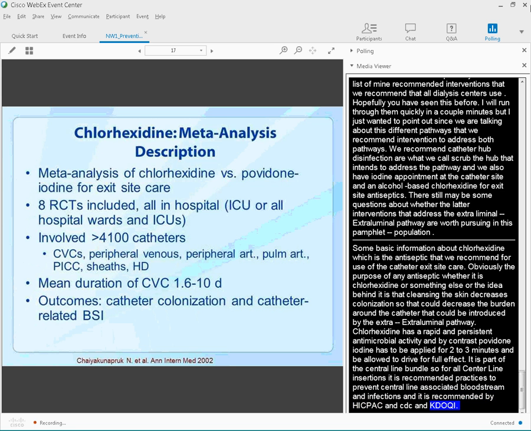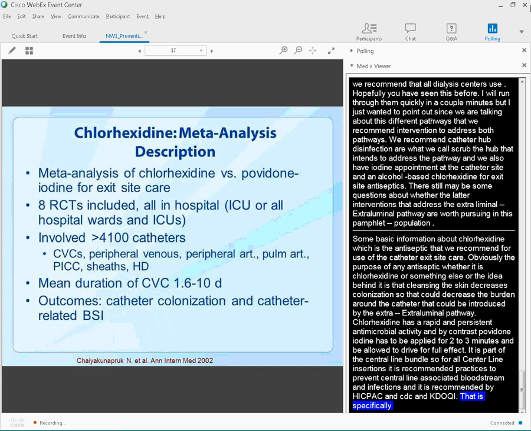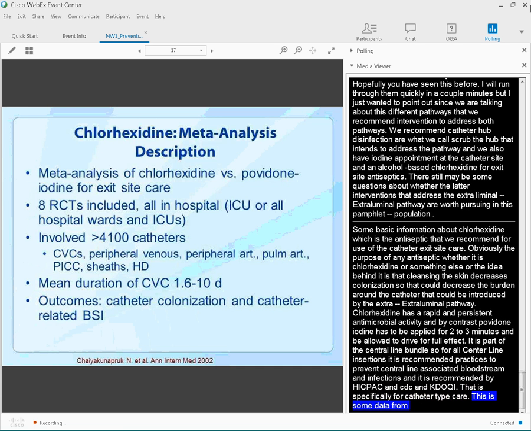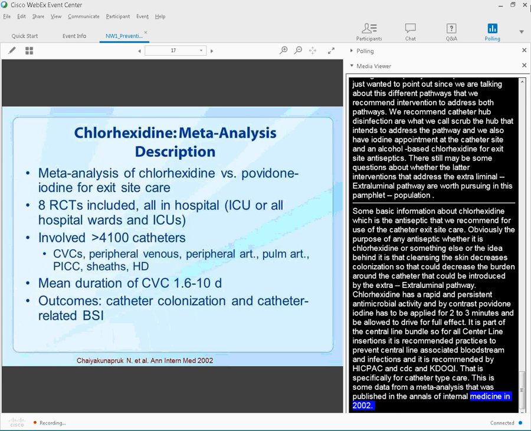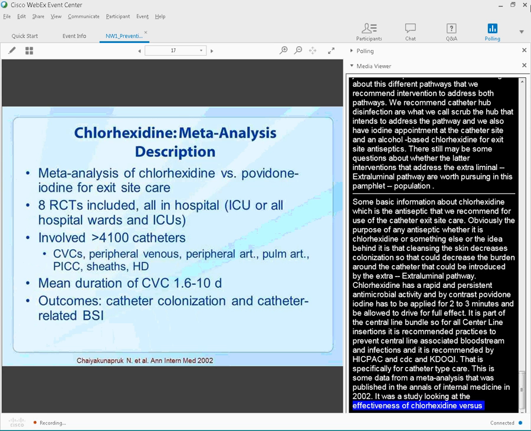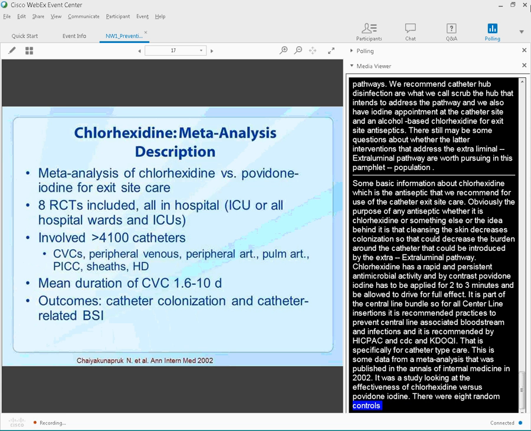So this is some data from a meta-analysis published in the Annals of Internal Medicine back in 2002, looking at studies of chlorhexidine versus povidone iodine for catheter exit site care. There were 8 randomized controlled trials included. They were all done in hospitals, either focused on ICUs alone or hospital wards plus ICUs.